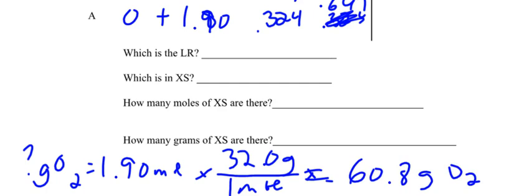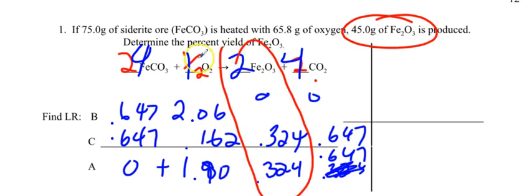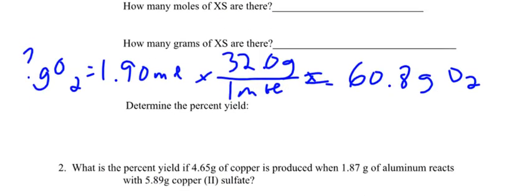Well, what do I need to do to determine my percent yield? I need to go back, and what do I know? I have 45 grams of iron 3 oxide, and I have 0.324 moles of iron 3 oxide. So how much should I get?